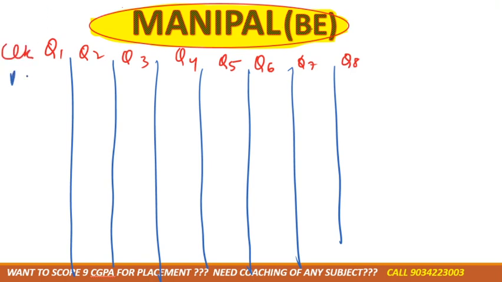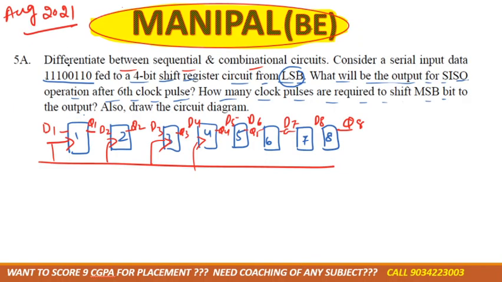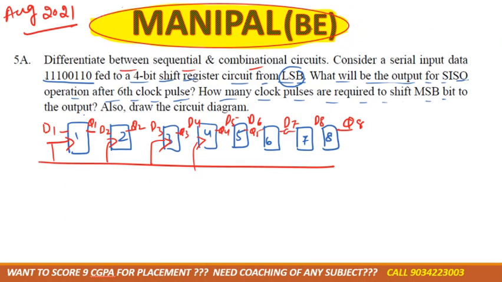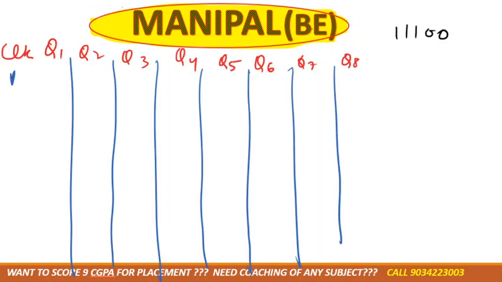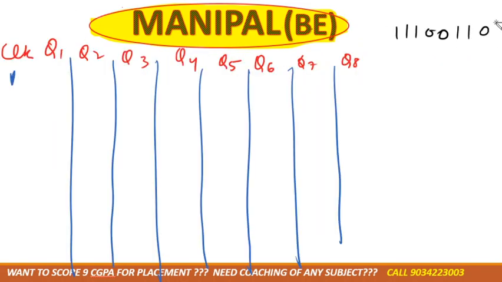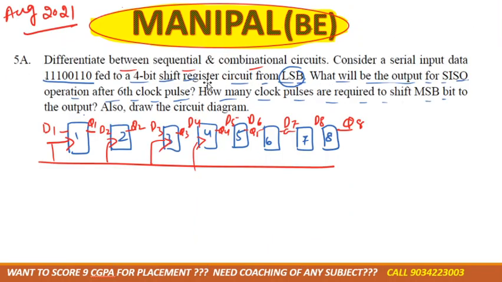Now if we are talking about the first clock pulse, so look, the data they have given us is 1110 110, right? So as they already mentioned, where do we have to send the data from?